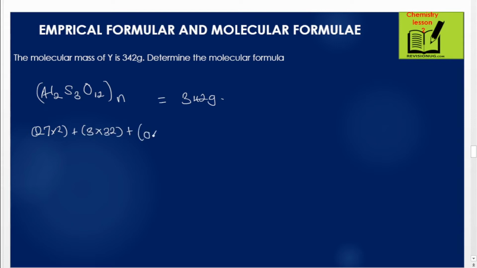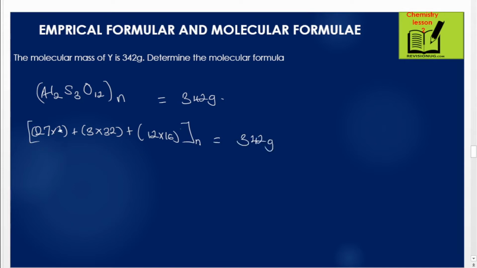Then oxygen, there are 12 of them, and each oxygen is carrying 16. Then all of this in the given number of atoms is giving us 342 grams.